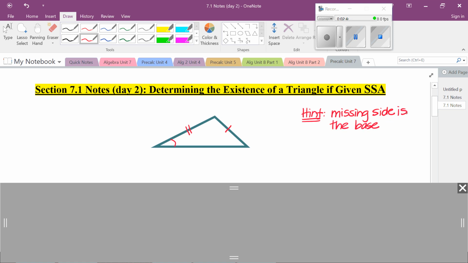Most of the time I will give you just the information written out, not a picture or a diagram, so it's your responsibility to remember this. This is only for SSA. Make sure the missing side is the base, always on the bottom.